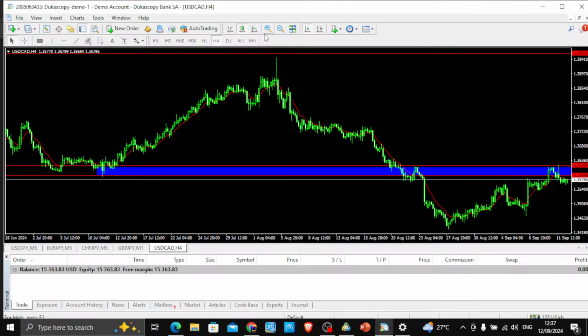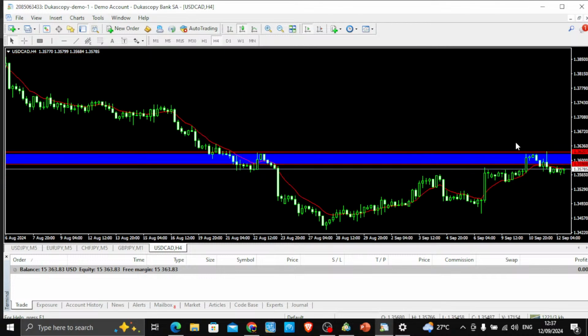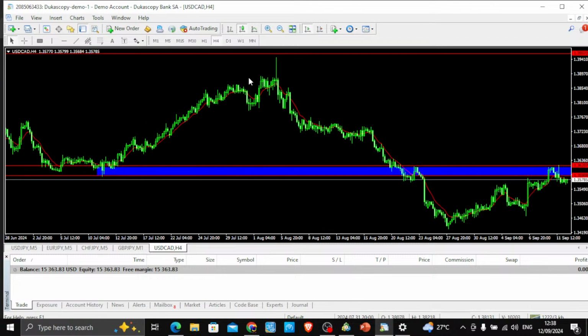And if you check the candles that have been forming, let's just start from the beginning. We have this swing low here, which was taken out. Immediately it took it out, it was a free ride.